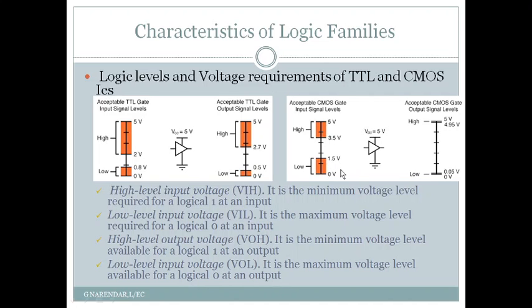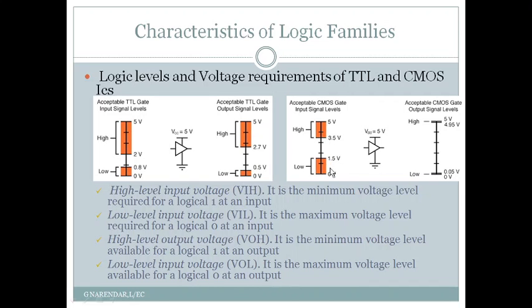And here you can see that the logic low level and high level have different voltage ranges compared to the TTL family. So here the low level corresponds to the voltage range from 0 to 1.5 volt.